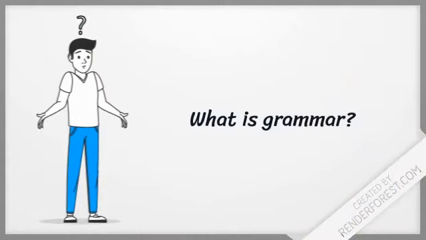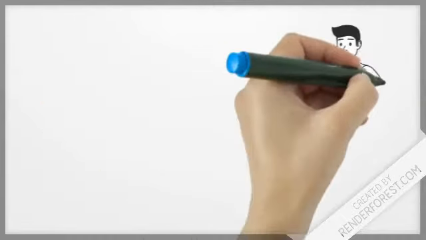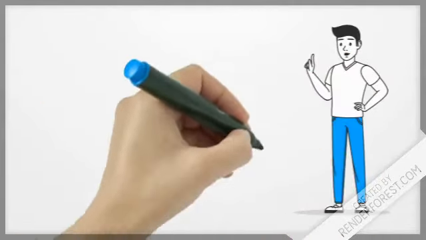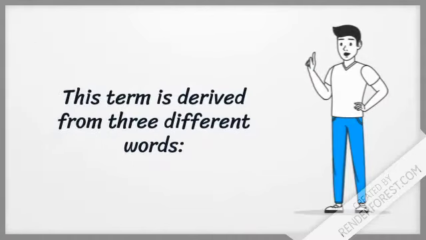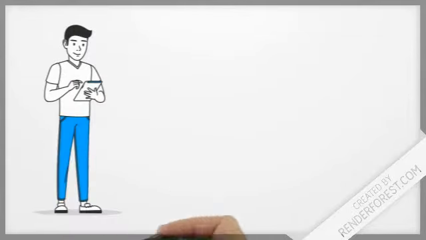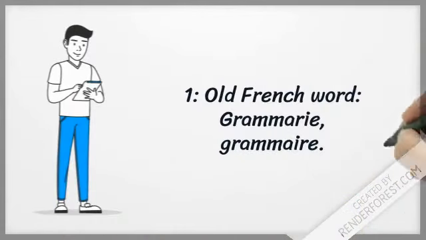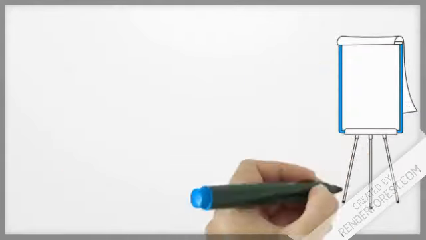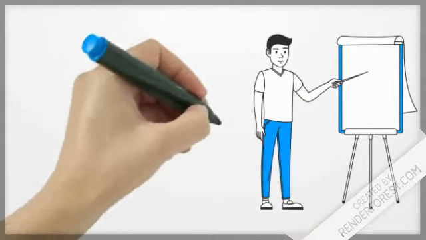What is grammar? This term is derived from three different words. One, Old French word, grammaire. 2.